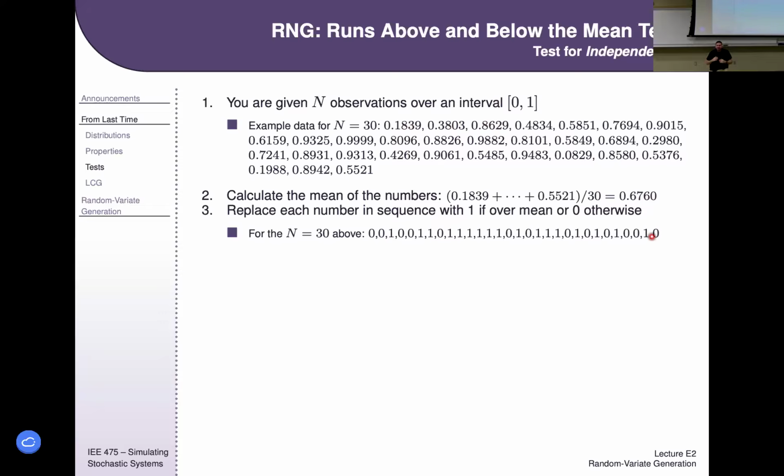So now I have a string of zeros and ones. Now, going back to my coin flipping example, if these were independently distributed, then if I know the frequency of zeros and ones, I should be able to predict the number of runs based on a null model that is independent.